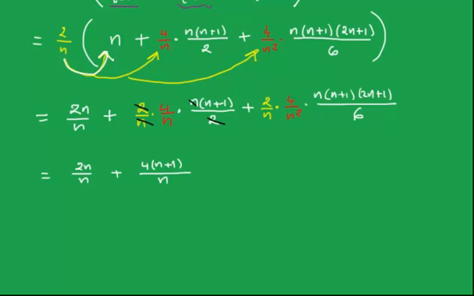And for the last term, I can cancel this n with that one, and with the 2 here, I will be left with 3.